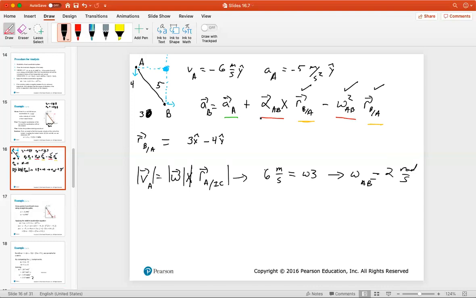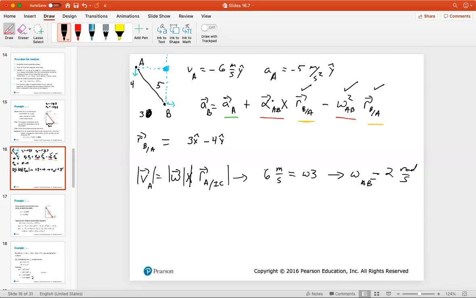So let's just count our unknowns. This is a vector equation in 2D, which means it has 2 components. So even though it looks like one equation, one line, it secretly is actually 2 equations for the separate components. On the other hand, we know that B can only move in the x direction. So that's one component, but I have 2 equations here.